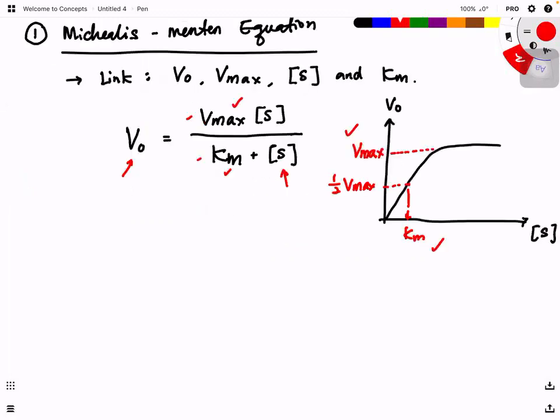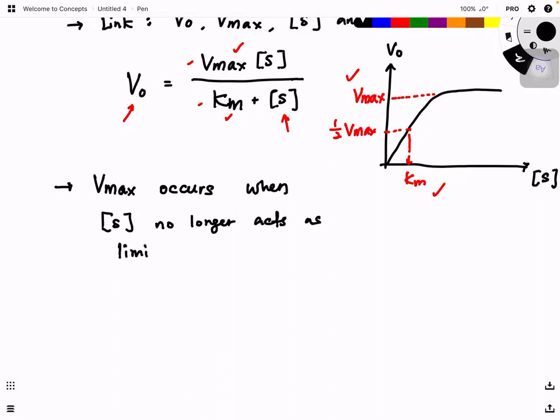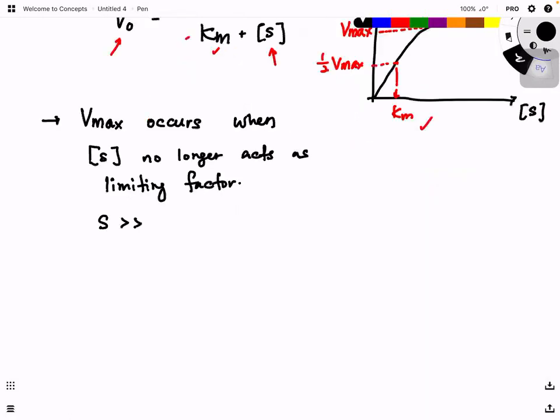Okay, that's one. Second, we need to know what is Vmax. Vmax occurs when substrate concentration no longer acts as a limiting factor. It means there is more substrate compared to the enzyme.